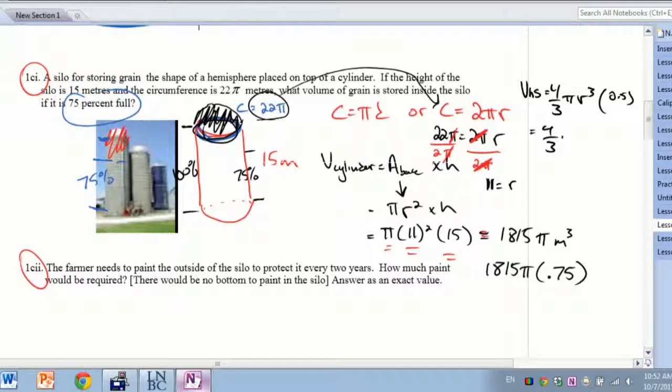So 4/3 pi, the radius I know as 11 cubed times 0.5. Let's see what that gives us. 11 cubed times pi times 0.5 times 4 divided by 3. So the hemisphere at the top is 2,787.6 meters cubed.